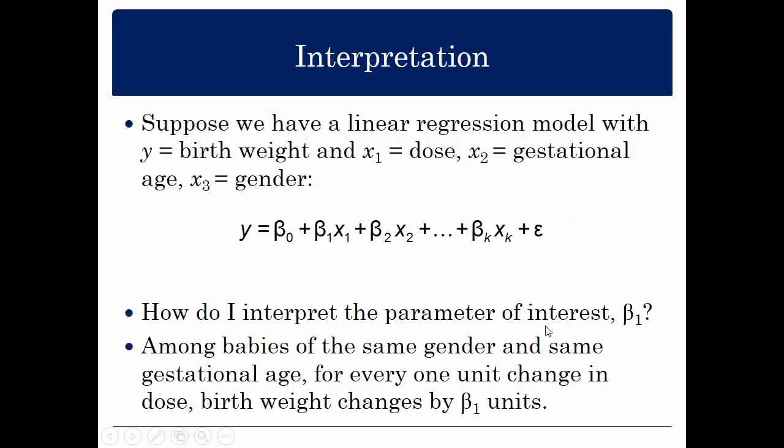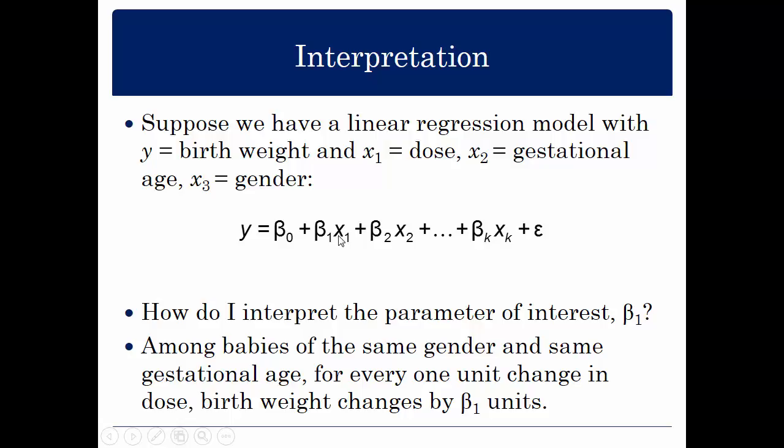These betas still represent essentially the slope or the functional relationship between their individual X and the outcome Y, but there's a little bit different interpretation that needs to be made, because not only are you accounting for how X1 affects Y, but you're also simultaneously accounting for how these other predictors account for variation in Y. So you have to take into account the other predictors when you're interpreting the effects of a single predictor.